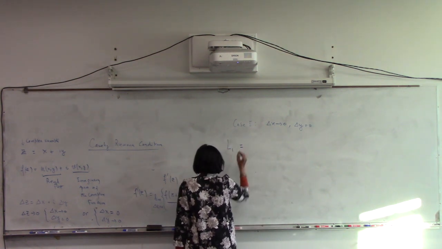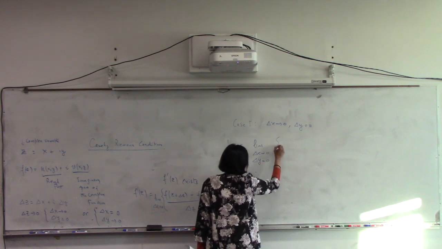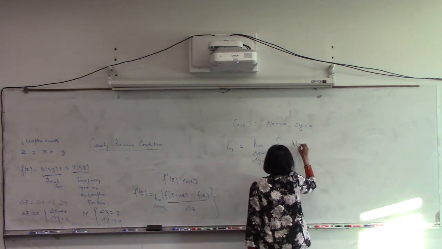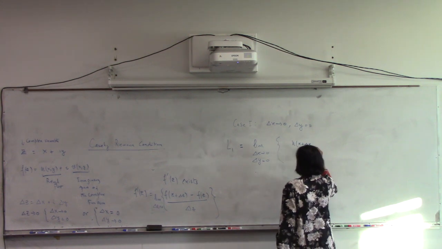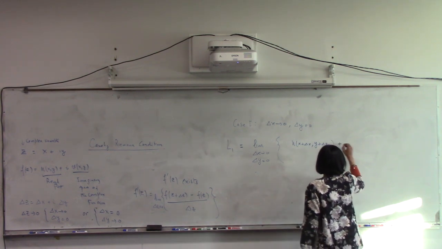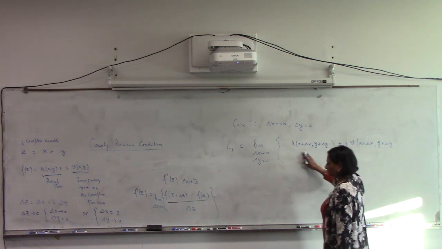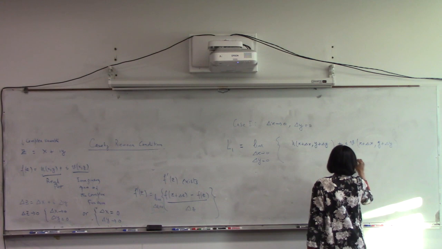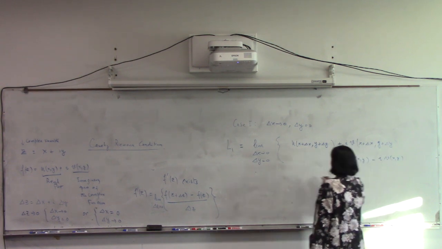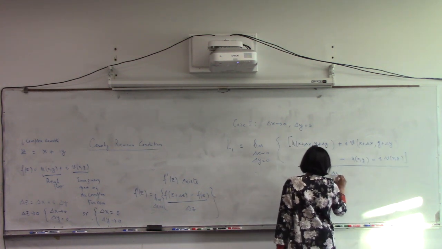Let's call the limit L1, equal to the limit delta x tending to 0, delta y identically equal to 0, of u of x plus delta x, y plus delta y, plus i v of x plus delta x, y plus delta y, that is my f of z plus delta z, minus u of x, y minus i v of x, y, divided by delta x plus i delta y.